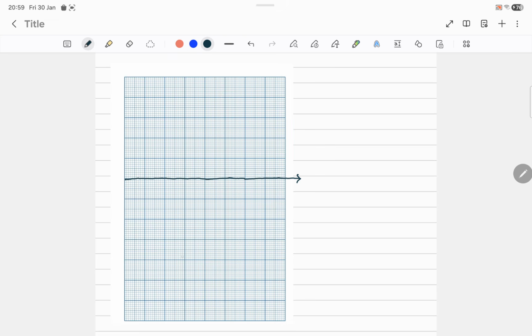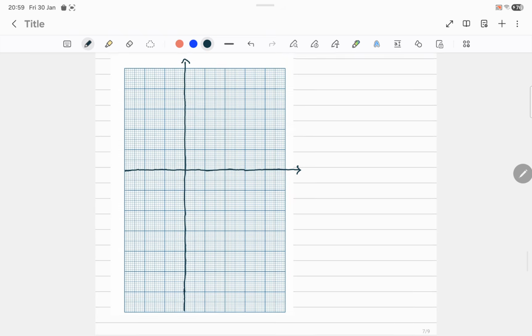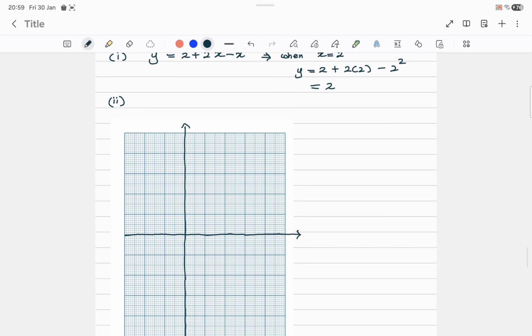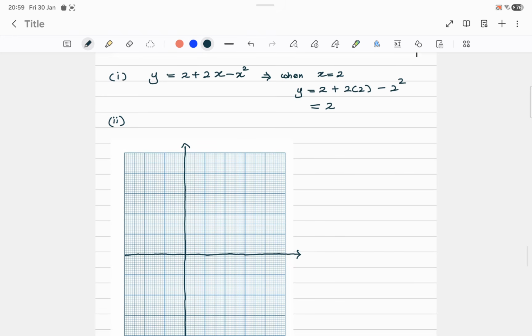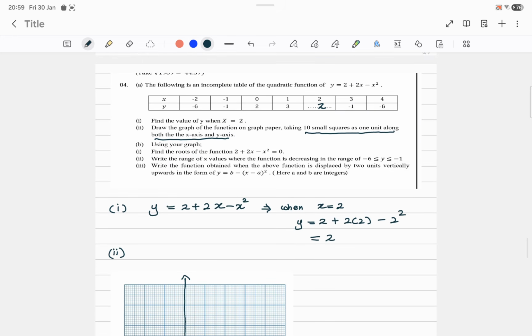And that's the y-axis. Each 10 small squares are 1 unit.